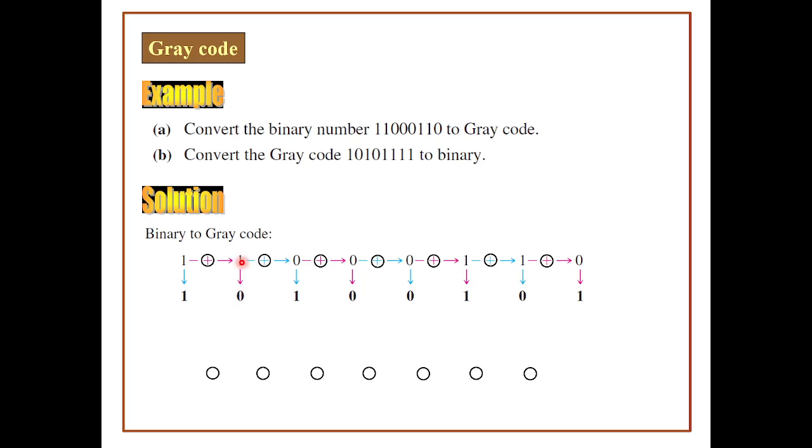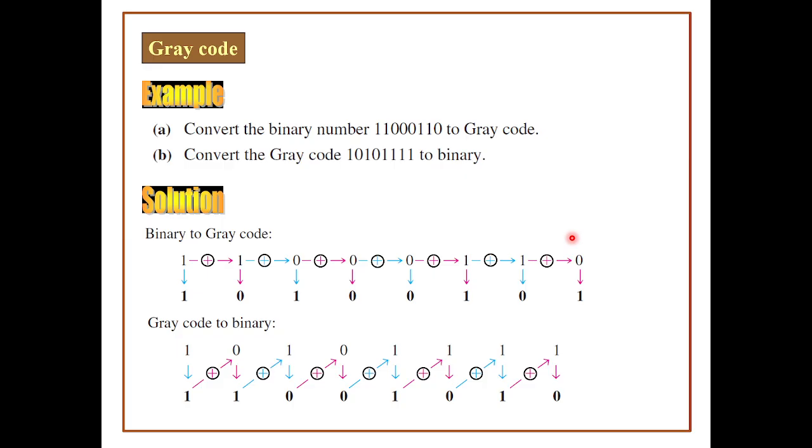And then 1 and 0, not same, right? We put 1. 0 and 0, same, you put 0. 0 and 0, same, you put 0. 0 and 1, you compare, you put 1. 1 and 1, same, you put 0. 1 and 0, not same, you put 1. This is how you convert binary to gray code.